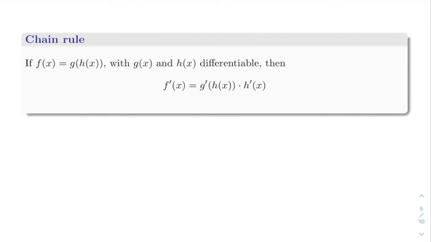So to be clear, to use the chain rule, we need the following. We need first to detect that f is the composition of two functions. The second step is to find what is g of x, the derivative of g, and the derivative of h.